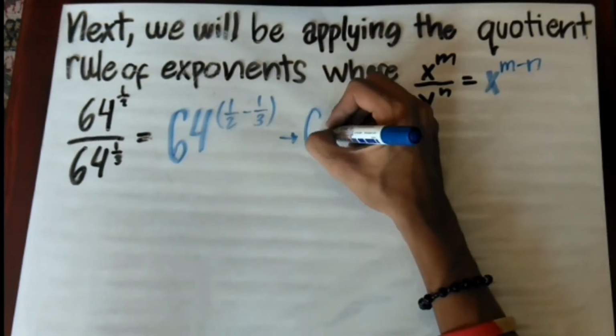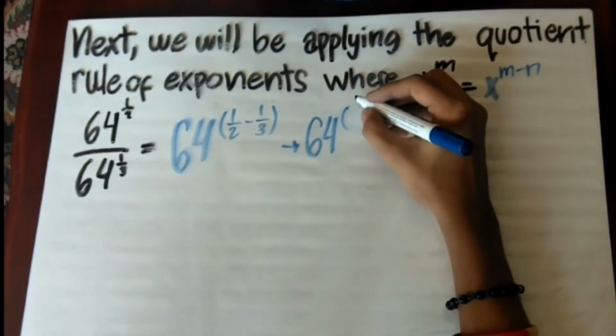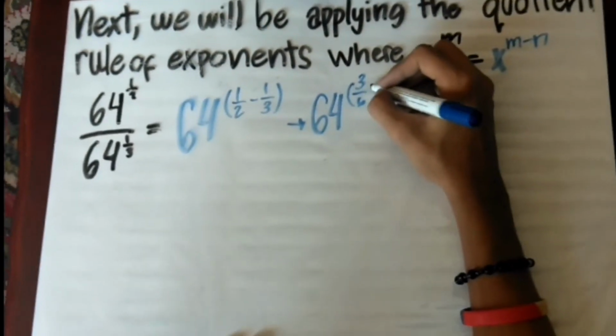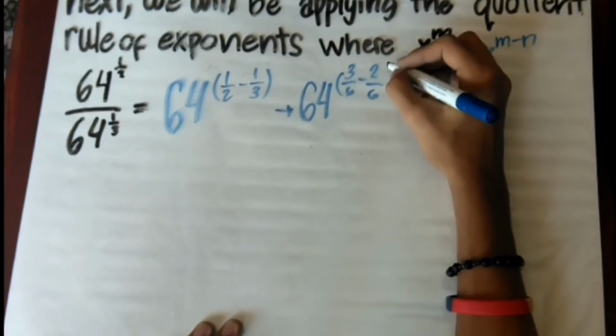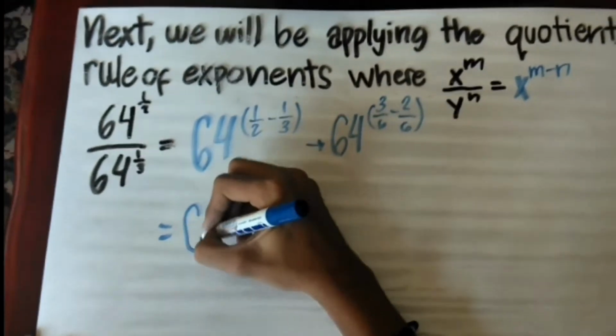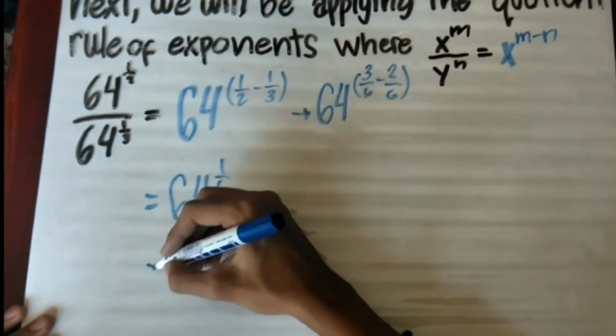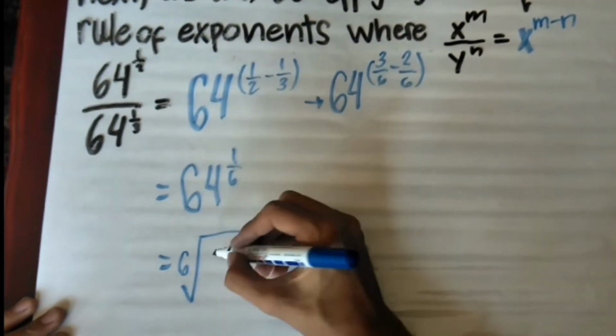To subtract these exponents, we should have the same denominator, making it 3 over 6 minus 2 over 6. The difference between 3 over 6 and 2 over 6 would be 1 over 6, which will be equal to the 6th root of 64, or 2.